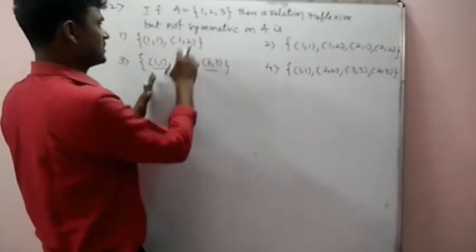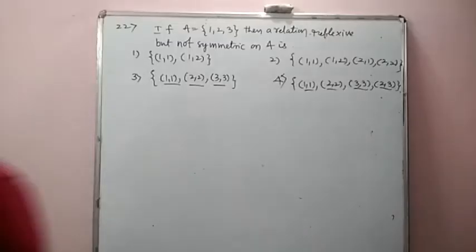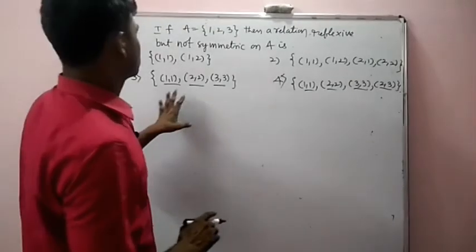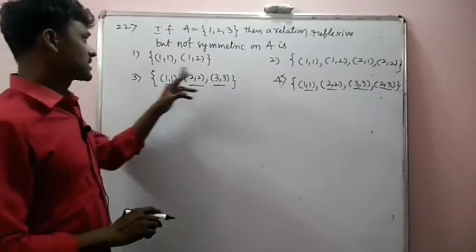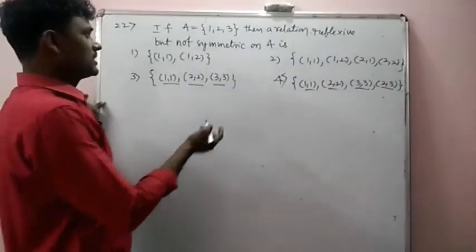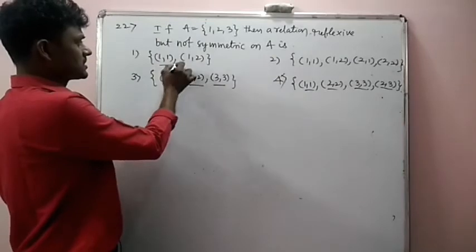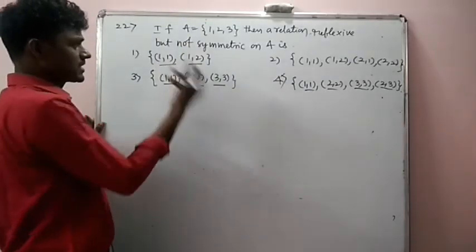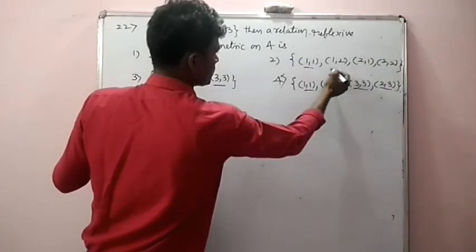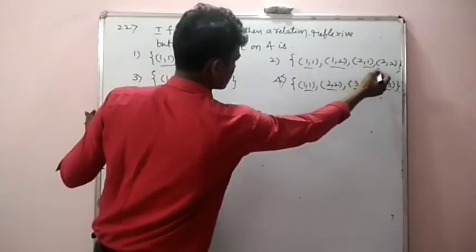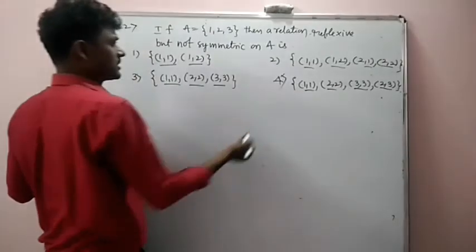In this problem, A is the set {1, 2, 3}, and we need a relation that is reflexive but not symmetric. You can check each and every option. This one is not reflexive or symmetric. This other one has (1, 2), (1, 1), and (1, 2), (2, 1) are also there, (2, 2) is also there, but (3, 3) is not there.